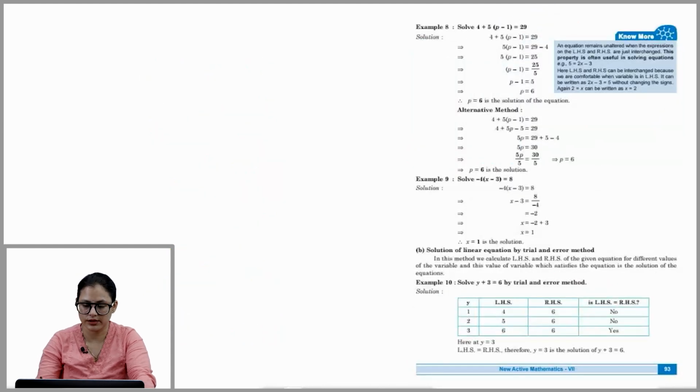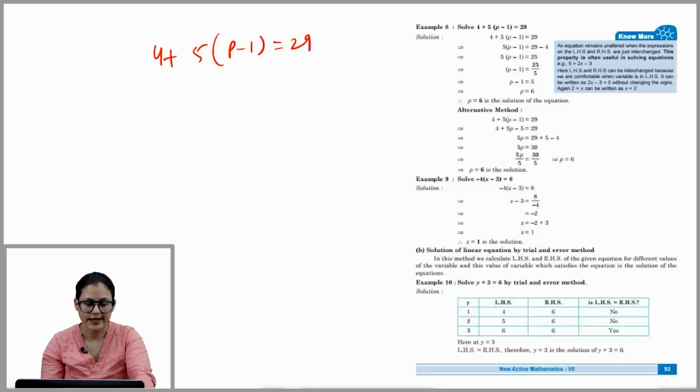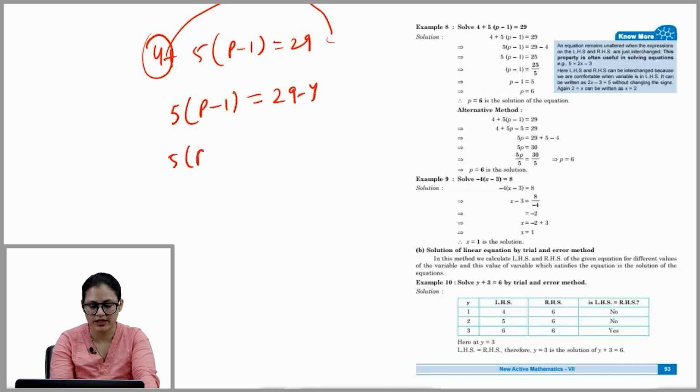Similarly, you will do this also. 4 plus 5p minus 1 is equal to 29. First you will transpose this number to here, so it will become minus 4. 5p minus 1 is equal to 25.